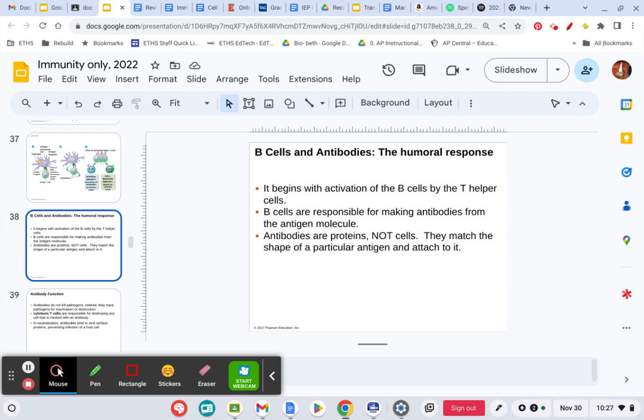They are not cells. Their job is to bind to that antigen, to that shape that the T helper cell told them to make. So they will make themselves into a shape that is complementary to that antigen.